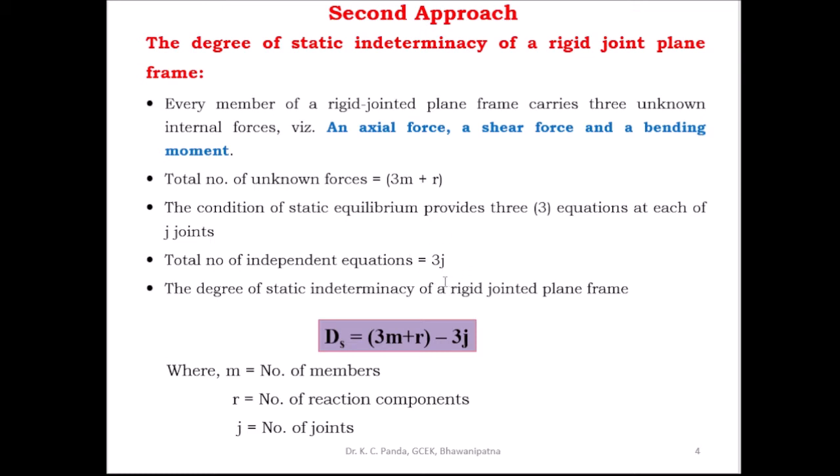Then the degree of static indeterminacy can be determined using this relation: the total number of unknowns minus the total number of independent equations. The total number of unknowns is 3m plus r, and the total number of independent equations is 3 into j. So the degree of static indeterminacy is equal to 3m plus r minus 3j, where m is the number of members, r is the number of reaction components, and j is the number of joints.